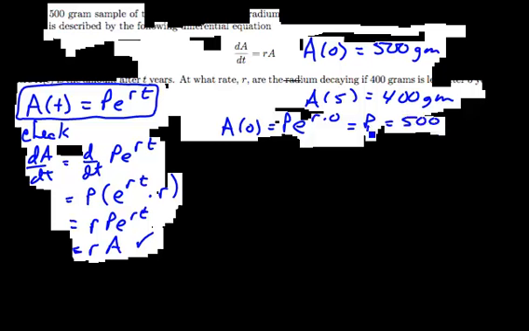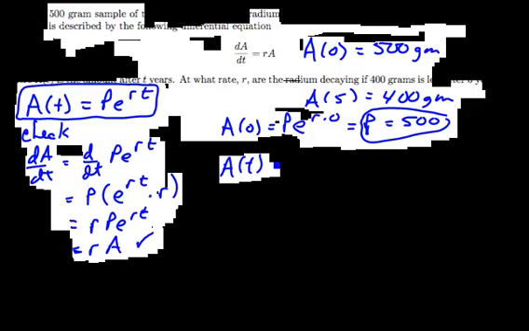So though it doesn't feel like we did much there, what we've done is shown that in fact the P value for this problem is 500. Which again corresponds to our notion that it's the initial amount, or the principal if we were viewing this as a banking problem. So now I can update my equation by putting in what I know. The P is 500 and the rest of it is e to the rt.